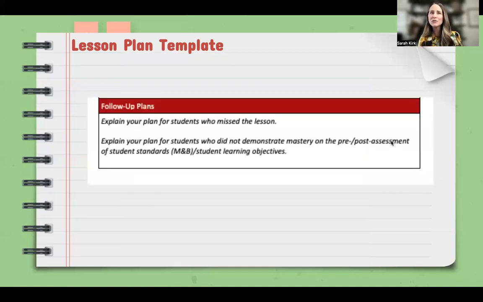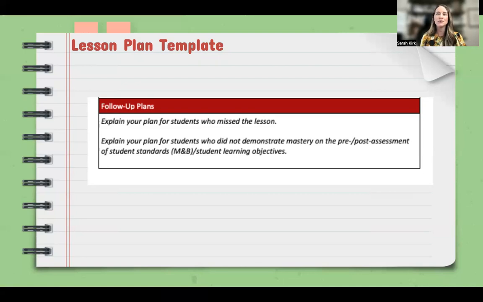And then the last little bit of the lesson plan template just has you think through some follow-up plans. I'm really glad they include this because sometimes you might have students that miss one of your small groups and you need to think through what your plan is if they miss that. If it only has 6 sessions and they miss one, how are you going to make sure they make up that content? And then what if the pre and post tests show they didn't master the skills? What's your plan then?